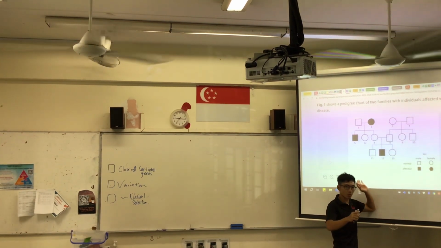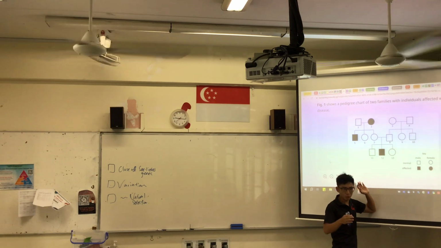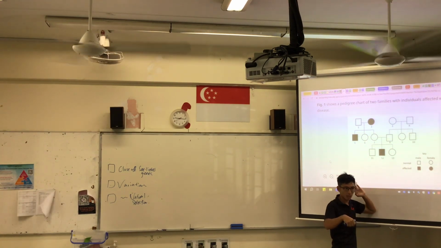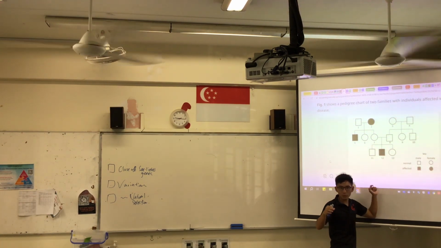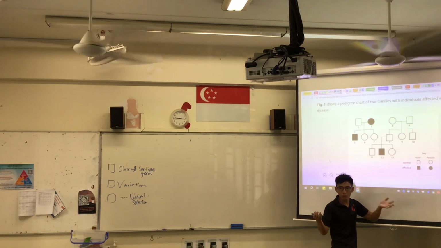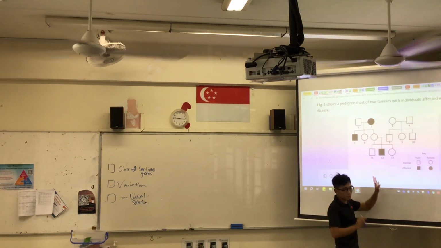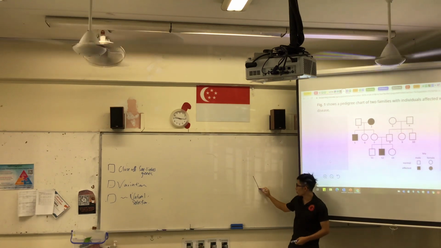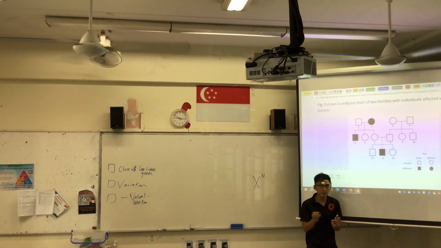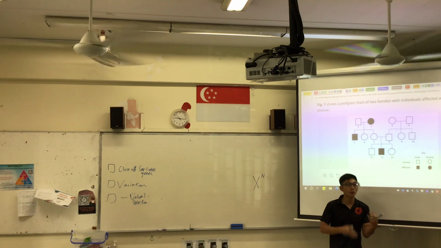It really depends on where it's linked to. If it's linked to the X chromosome versus linked to the Y chromosome, it could affect which gender will have it. But it does not mean that if it's linked to the X chromosome you do not find females with it. It's just a lower probability.